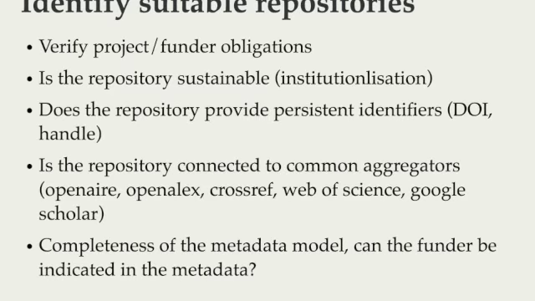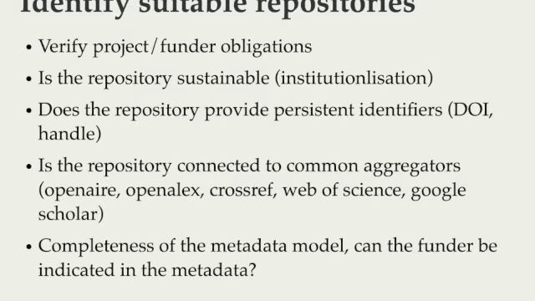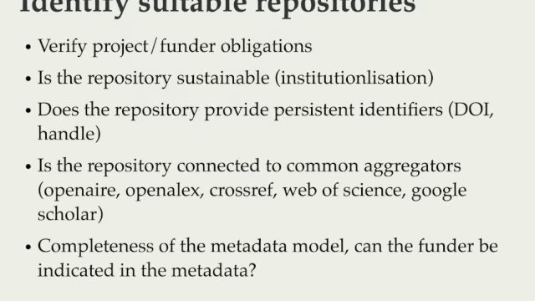And then to add a bit on top: the completeness of the metadata model. On one hand, we have the DataCite metadata model, which is adopted by the common repositories and has the common elements such as title, abstract, keyword, publication year, publisher. But some repositories, especially topic repositories, for example in the genome area, have very dedicated fields related to genomic research.